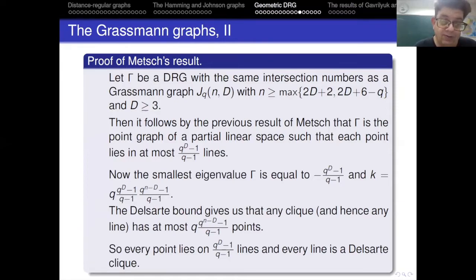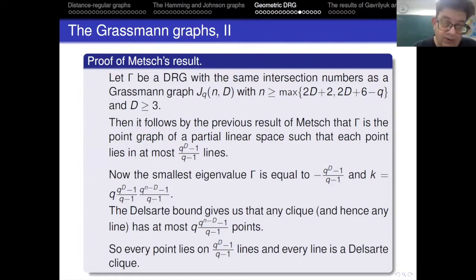And k is this number, q times (q^D - 1) times (q^(n-D) - 1) over (q - 1)^2. So that gives that any clique, and hence any line, has at most q times (q^(n-D) - 1)/(q - 1) points.